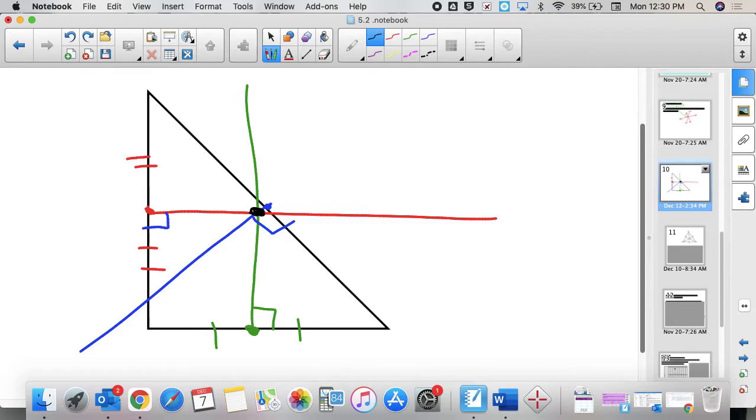The property we're going to go over, we are coming from the sides. My property is going to be that from the point to all three of my angles will be the same length. If this is 10 inches, this would be 10 inches, and this one would be 10 inches.